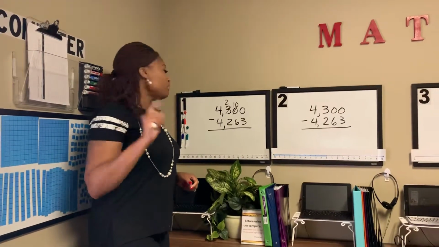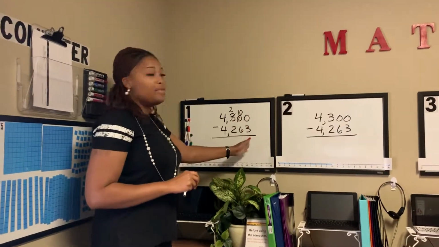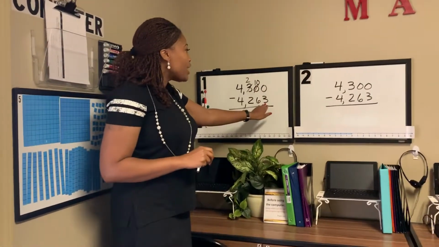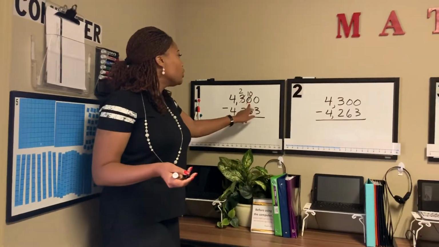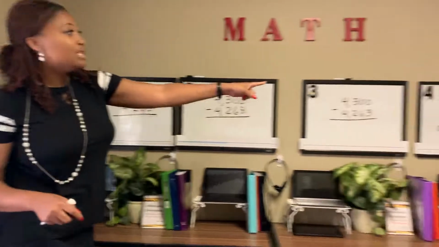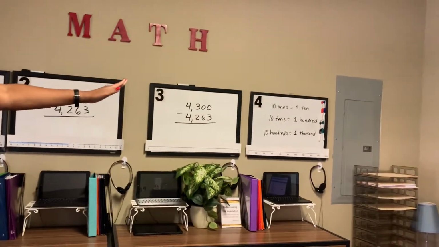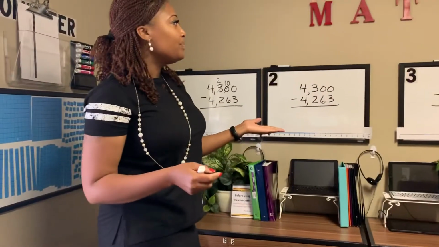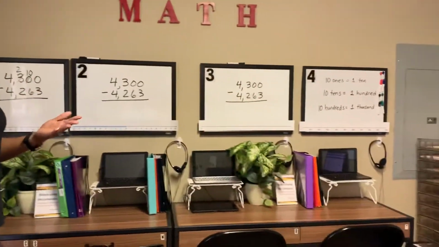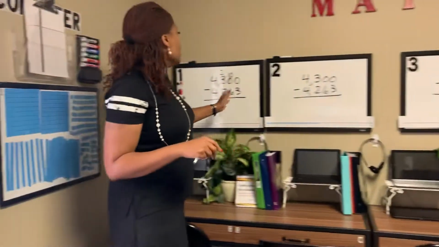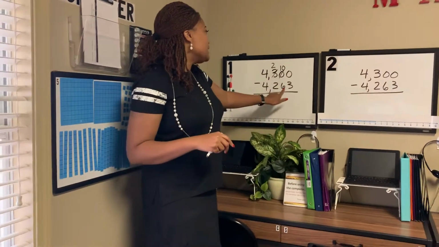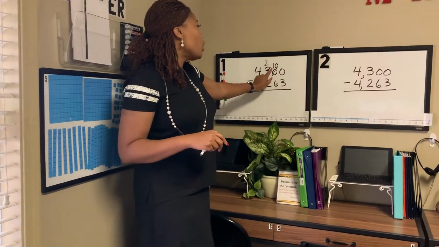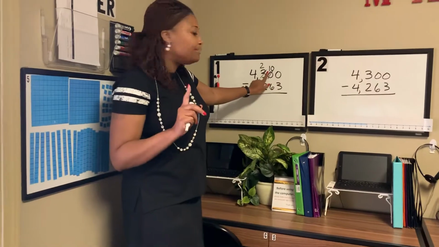Start at the place value of your ones. I cannot subtract 3 ones when I do not have any ones. So I must regroup. Well, your students must understand that 10 ones equal 10, and 10 tens equal 100, and 10 hundreds equal 1,000. So that way when they see, I'm in the tens place, I need to borrow or regroup 10, okay?